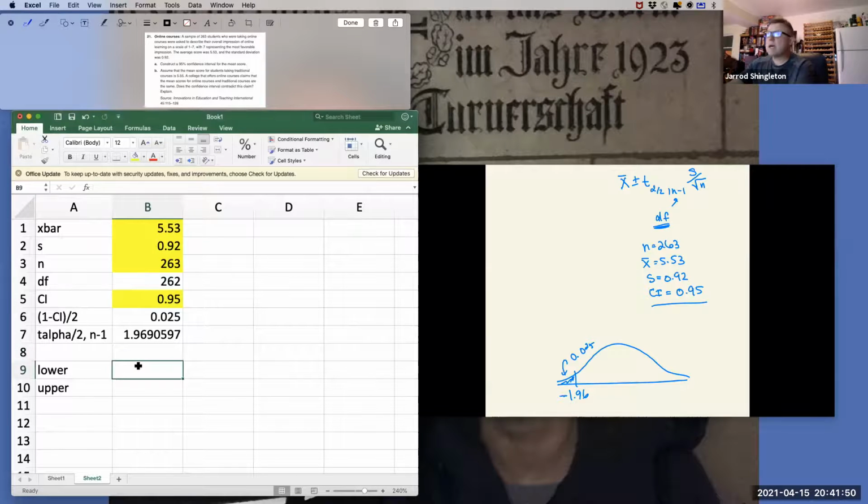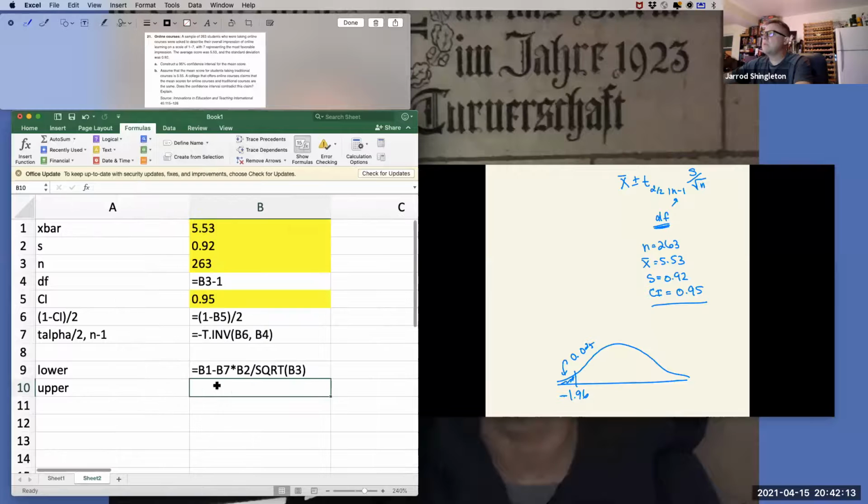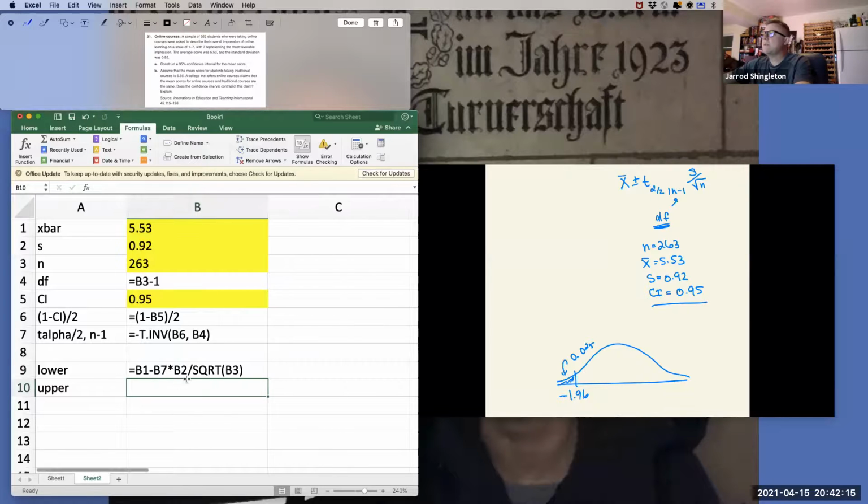Now I have everything I need at my disposal for this confidence interval. This equals x bar, this x bar here, minus t alpha over 2 times s divided by square root of n. Okay. Now let's pull up the formulas mode so you can see all the formulas. As I do them, I'll give you the final output as we go.